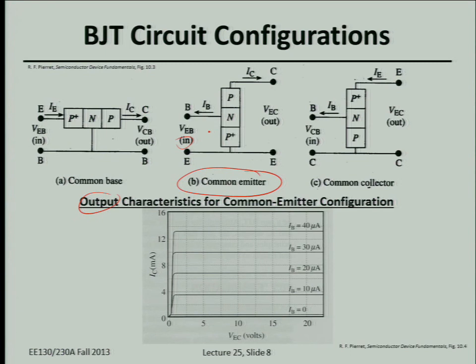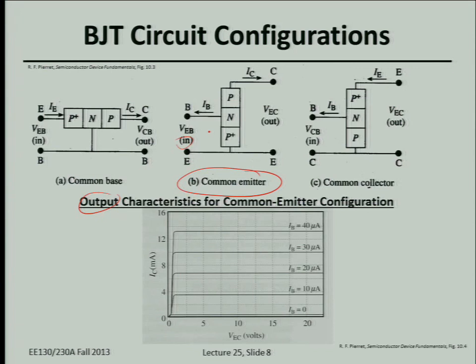That's why we plot collector current versus VEC, and why it's called output characteristics. But the current flowing in the collector depends on the input voltage, right? So that's why you have multiple curves for multiple input voltages. And actually, it's easier to plot it for multiple input currents.